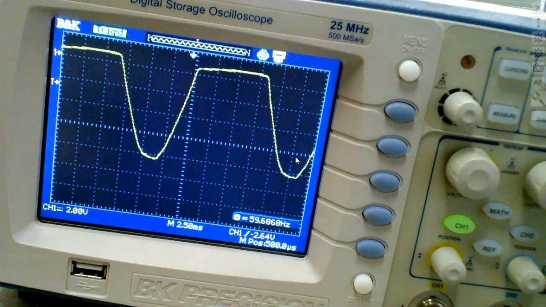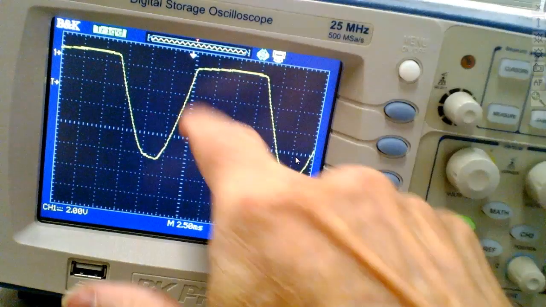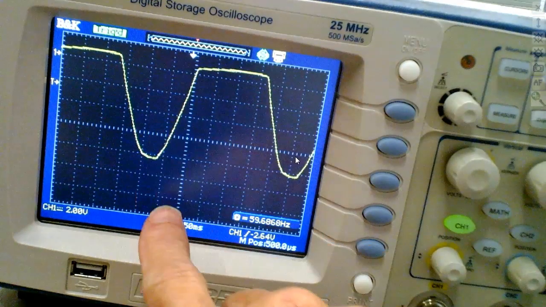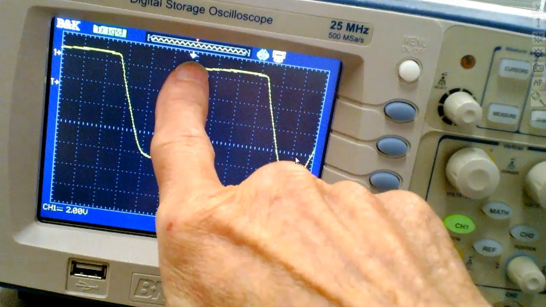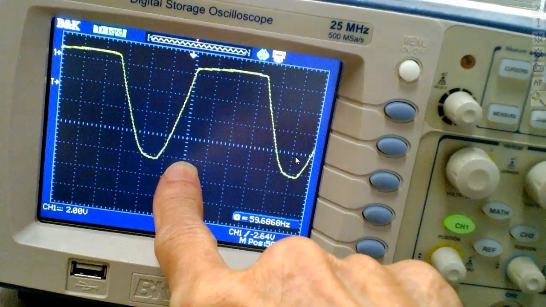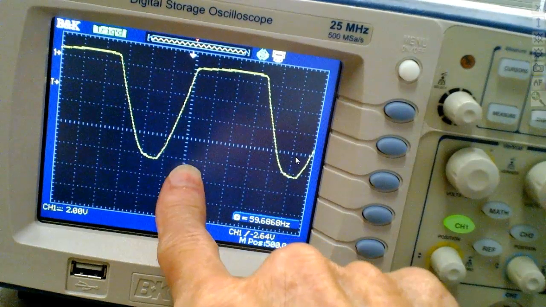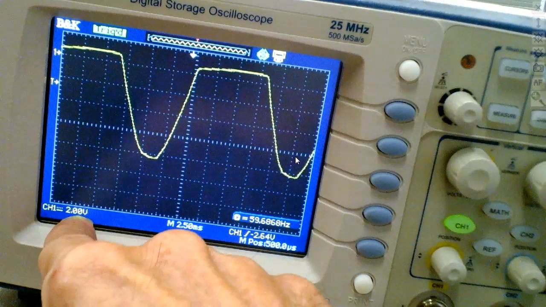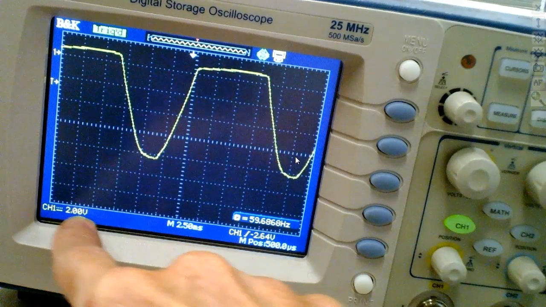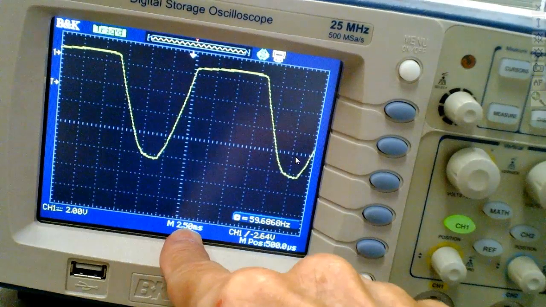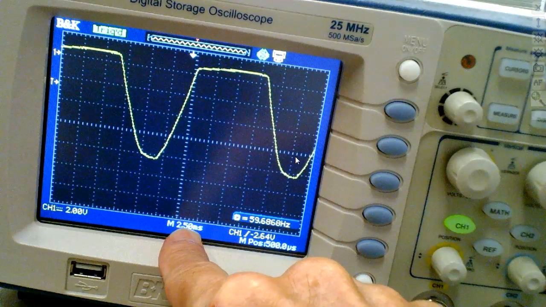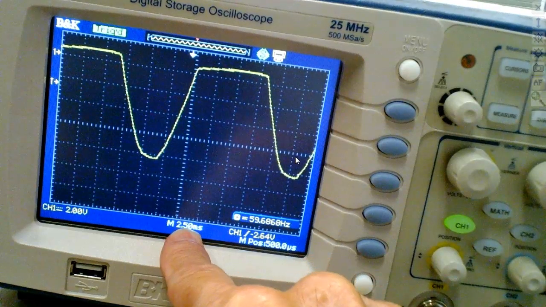So this is the way they'll teach you in math. You count the number of divisions, but each minor division would be worth 0.2. Multiply it by these, right? Well, the problem we have here is this has 2.5 milliseconds. I can't count in 2.5 milliseconds, right?